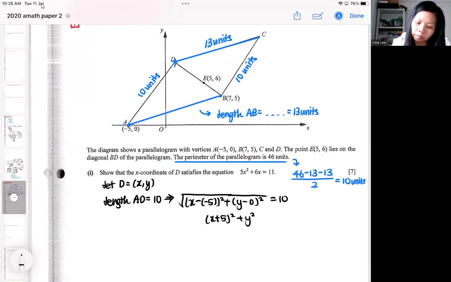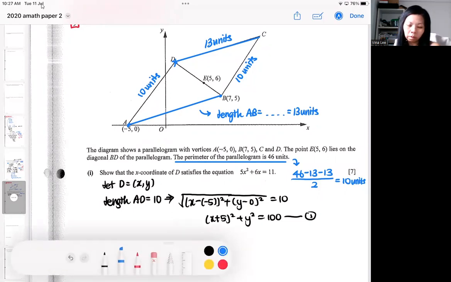So you will get an equation. So that's how you make use of the length formula. But if you observe, if you try to use the length and it forms this, you need to get rid of the y so that you can show the equation.